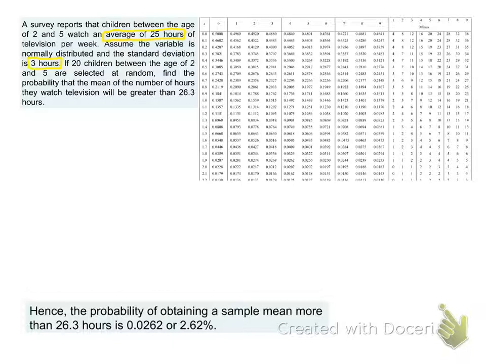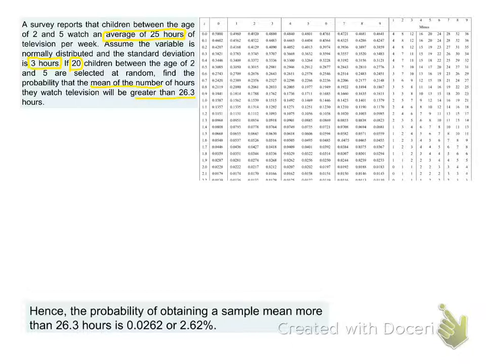If 20 children between the ages of 2 and 5 are selected at random, find the probability that the mean is greater than 26.3 hours. This 20 actually is n.